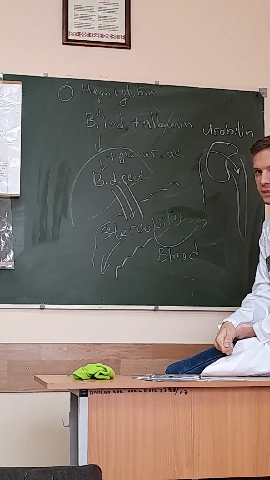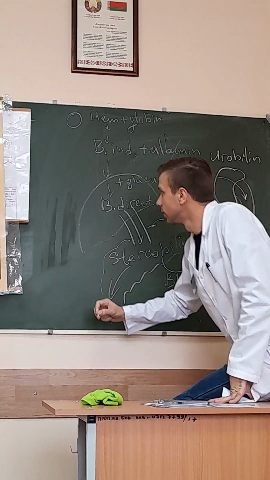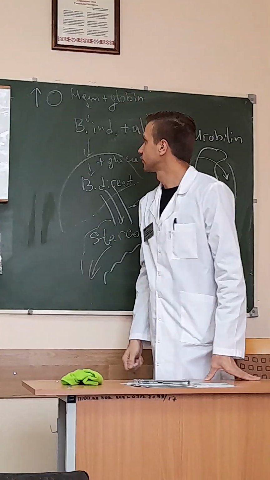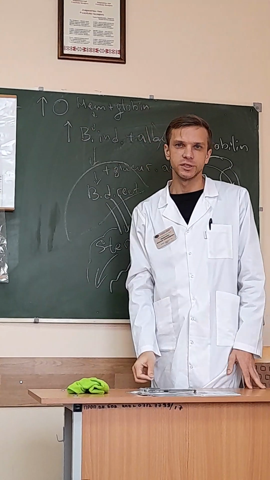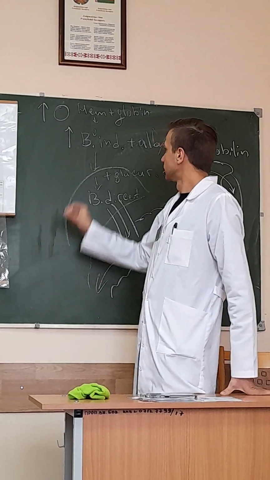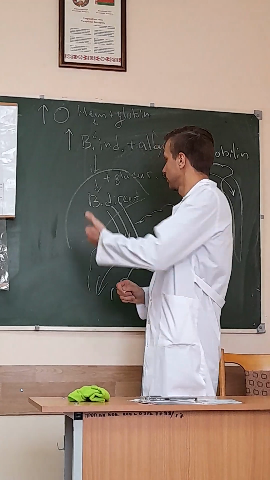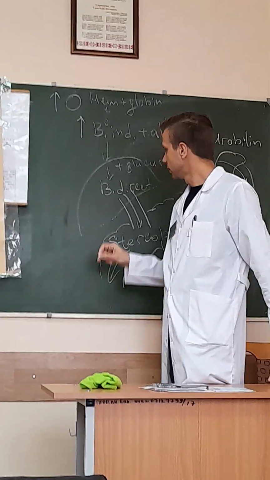So, if there is pre-hepatic jaundice, there is increased hemolysis. Increased hemolysis will lead to increased production of indirect bilirubin. Indirect bilirubin will go to the liver. Conjugation will happen normally.